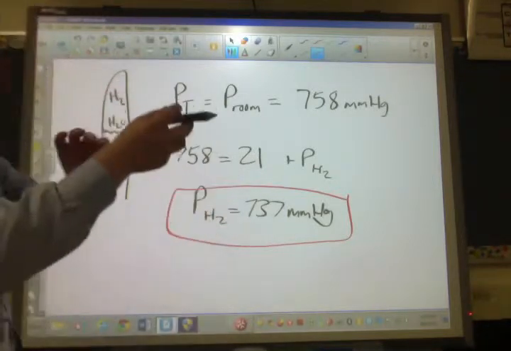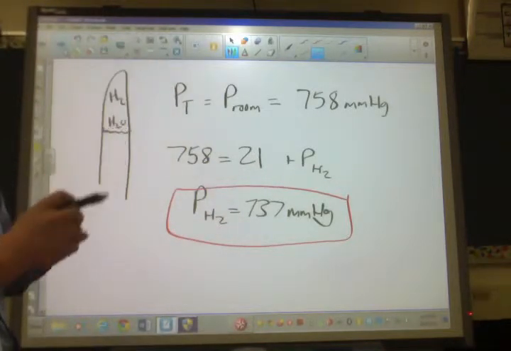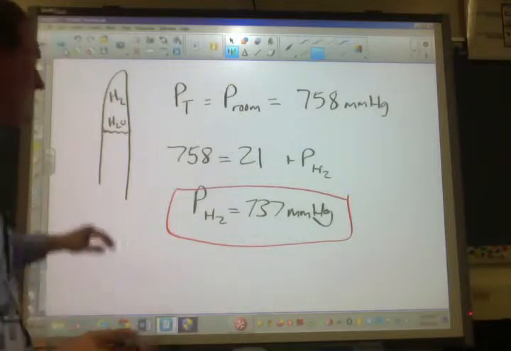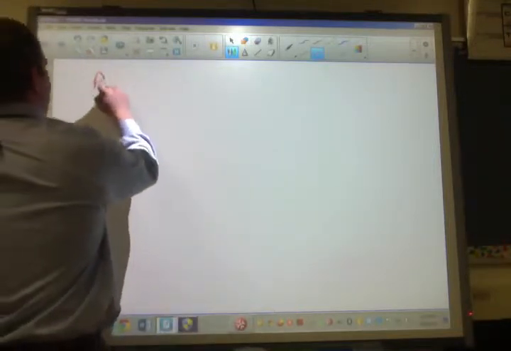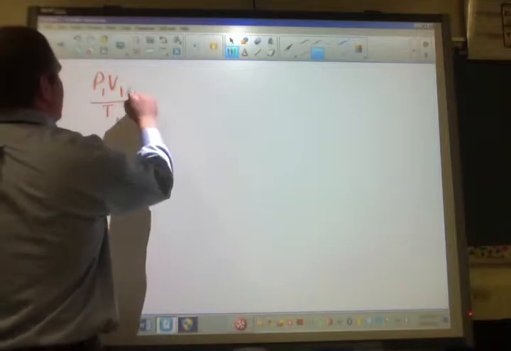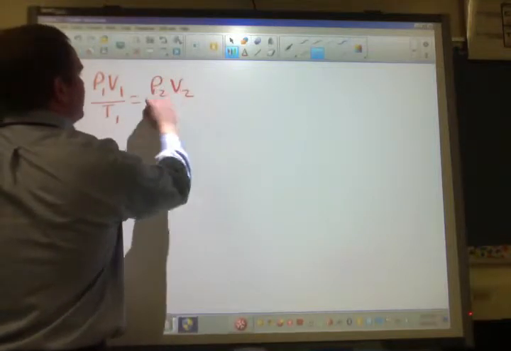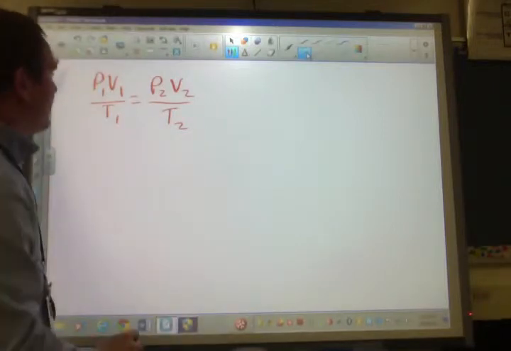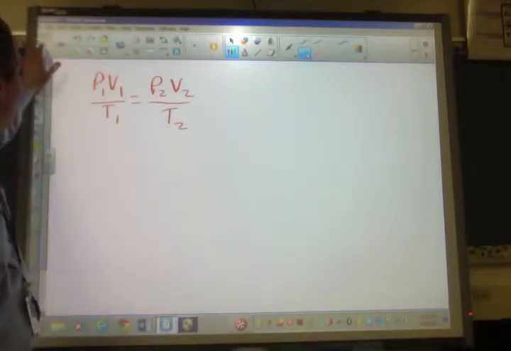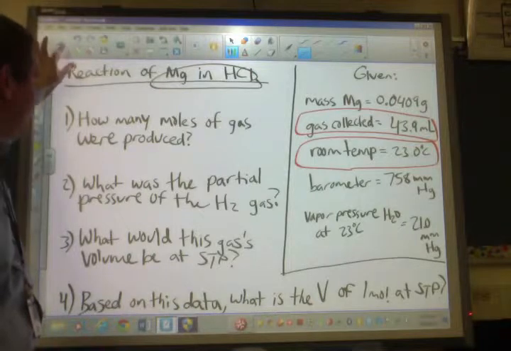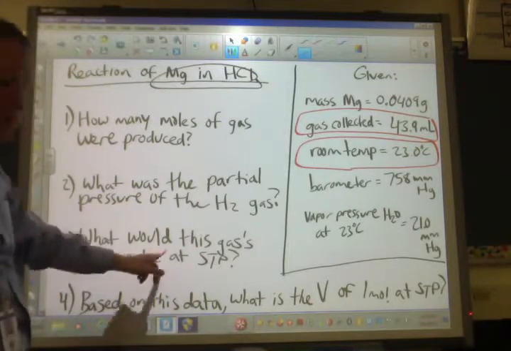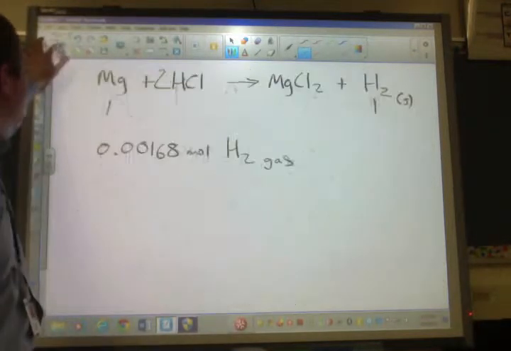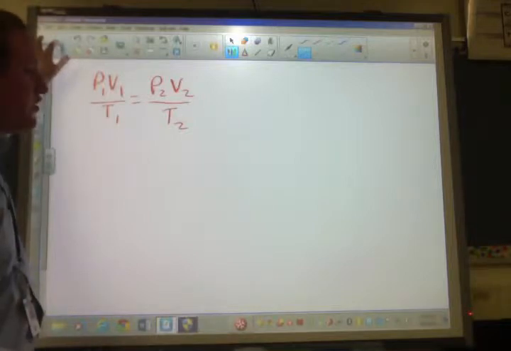So anytime we adjust conditions and see what the change is going to be, combined gas law. So P1 V1 over T1 equals P2V2 over T2. So let's rearrange and solve for what I'm looking for. The question says, what would this gas's volume be at STP? Therefore, we're solving for the new volume, or V2.